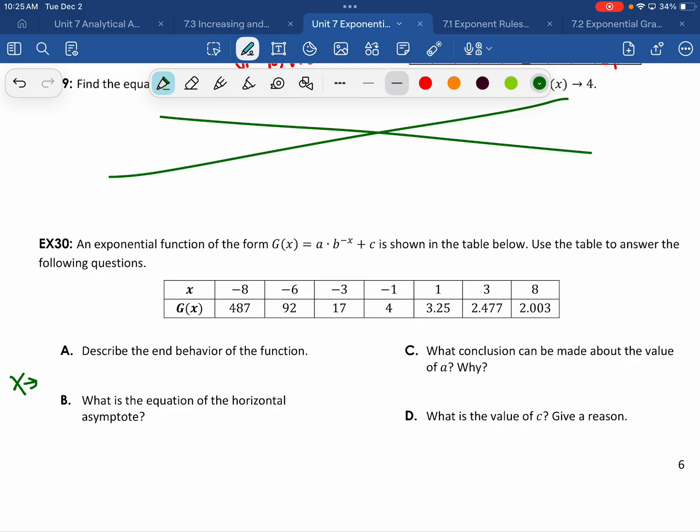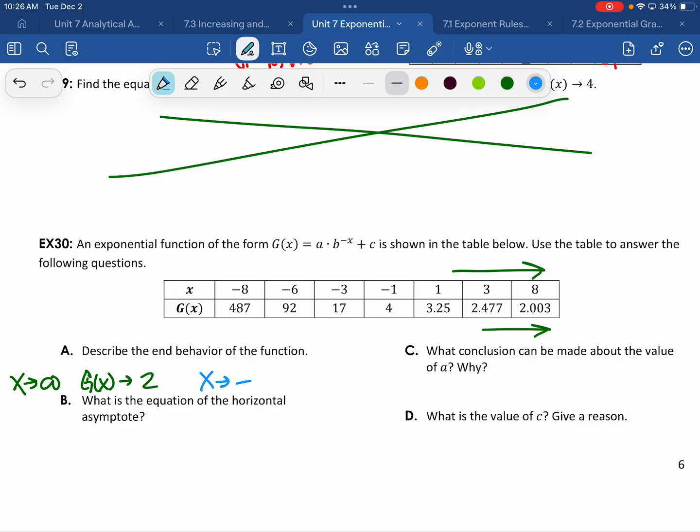As x is going to positive infinity, g of x is going to 2. On the right side of my table, you see the y numbers slowly approaching 2. It goes 3.25, 2.47, 2.00.